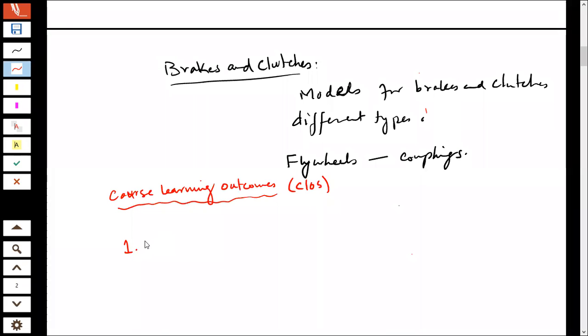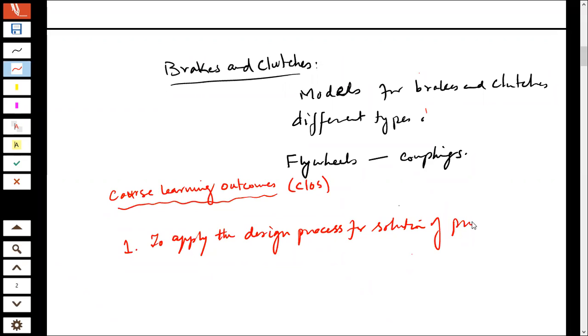What we are going to do is to apply the design process for solution of problems. And these problems will be mechanical problems.